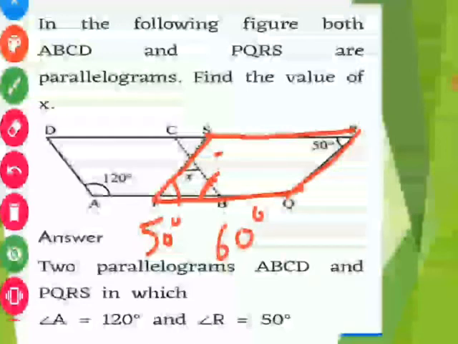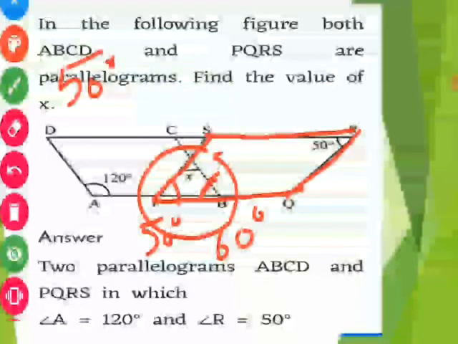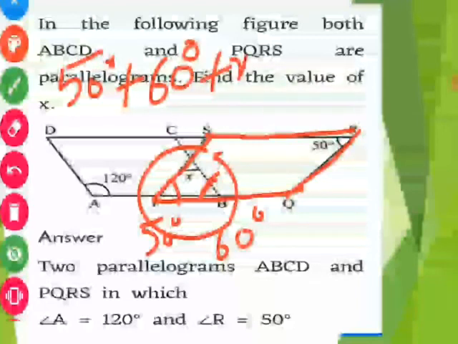So now we can see we have a triangle here, POB. Now as you know, the sum of interior angles of a triangle is equal to 180 degree. Therefore 50 degree plus 60 degree plus X is equal to 180 degree.